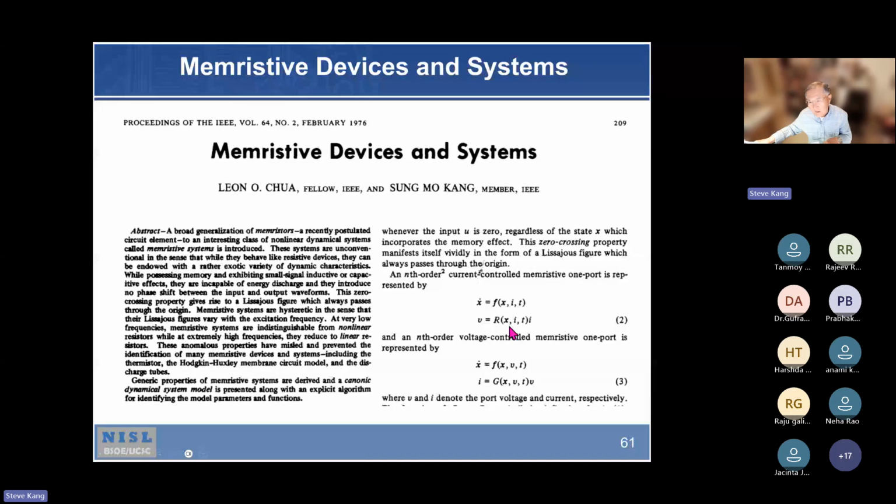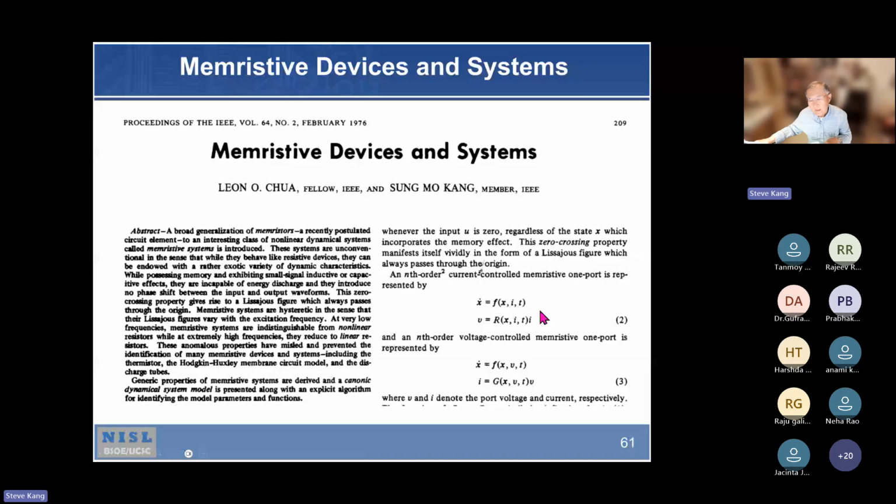So R in general is a function of state variable x, input current I, or time varying t. And then the state variable itself, x dot, is a function of x, I, and t. So that is sort of a current controlled memristor, because the current is controlling a state variable, etc.